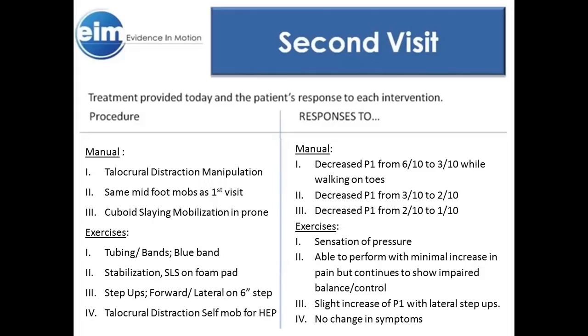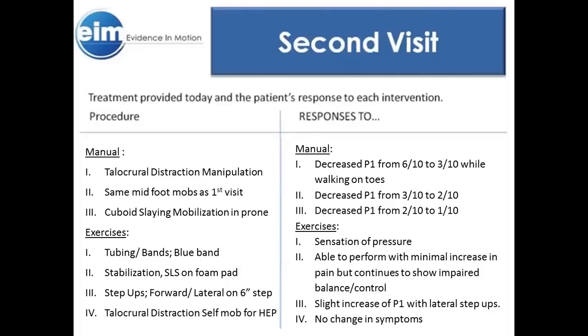Here you can see the patient's response to the treatments of the second visit. I performed the same manual interventions with some variation. It decreased his pain down to 1 out of 10 at the end. Exercises I included, again, were the blue band and stabilization training, which he improved, with just a minimal increase in pain.